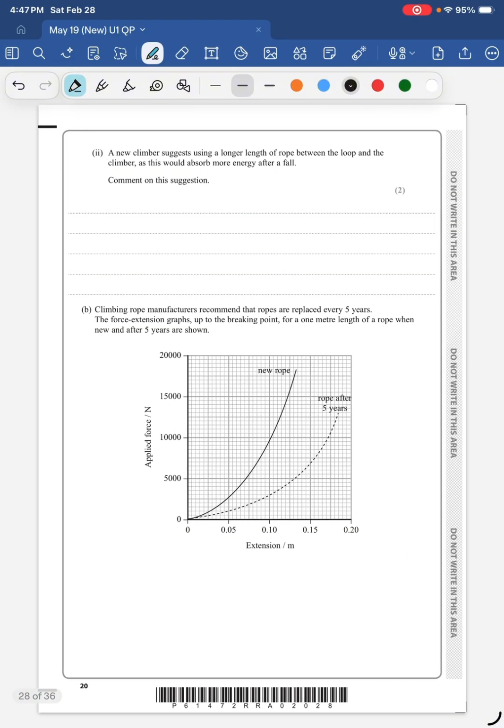Part 2. A new climber suggests using a longer length of rope between the loop and the climber, as this will absorb more energy after a fall. Comment on this suggestion.